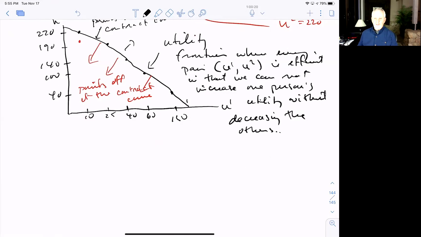So this is my notion of efficiency, this idea of Pareto efficiency. And it's what we want to work with for our economy. What we want to talk about is, is there an allocation that can make one person better off without making the other worse off?